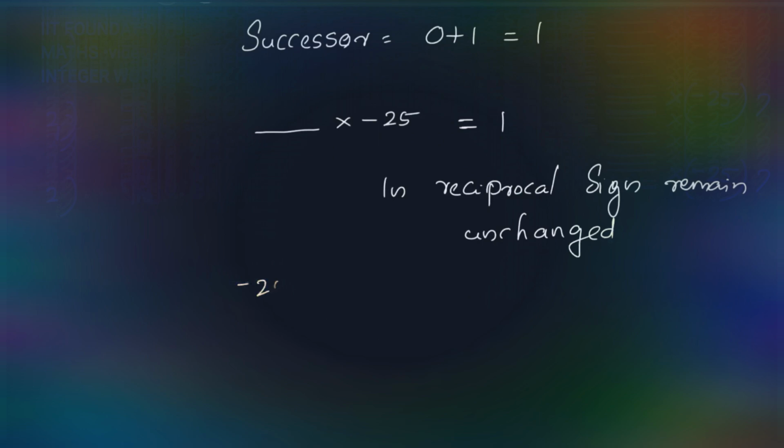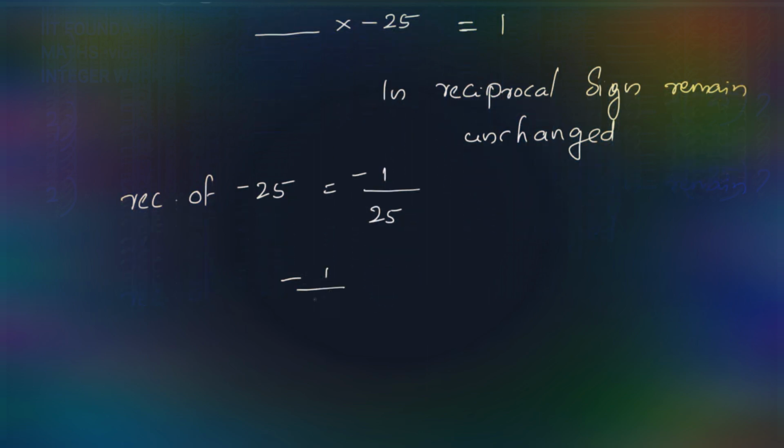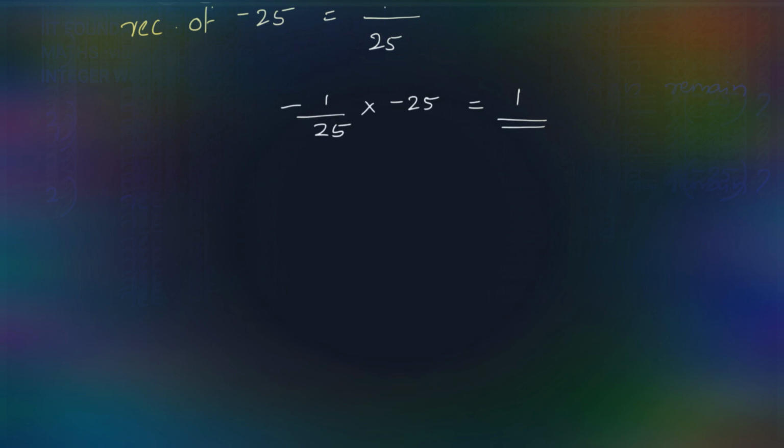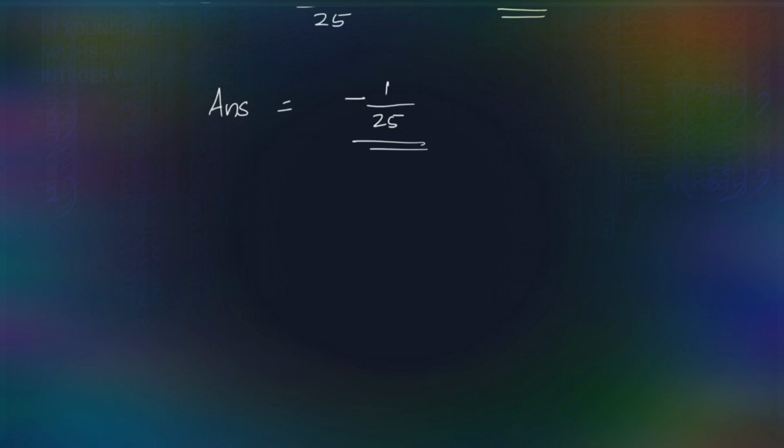So the reciprocal of negative 25 is negative 1 by 25. So we can write negative 1 by 25 into negative 25 equal to 1. So the answer is negative 1 by 25. This is a rational number. If there is a negative sign in the fraction, it is a rational number.